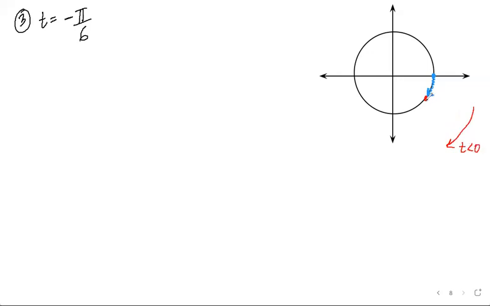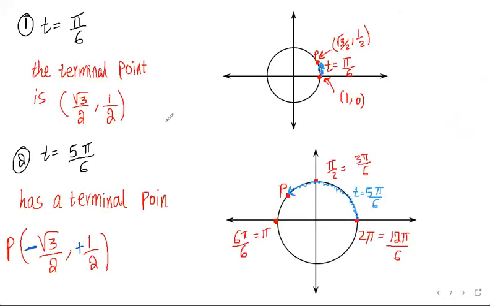This is my terminal point. You have to know this point has a terminal point exactly like pi over 6, but the difference is the sign of the x coordinate or the y coordinate or both of them.